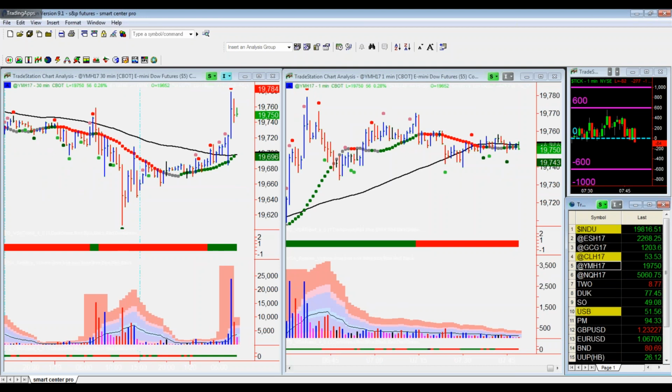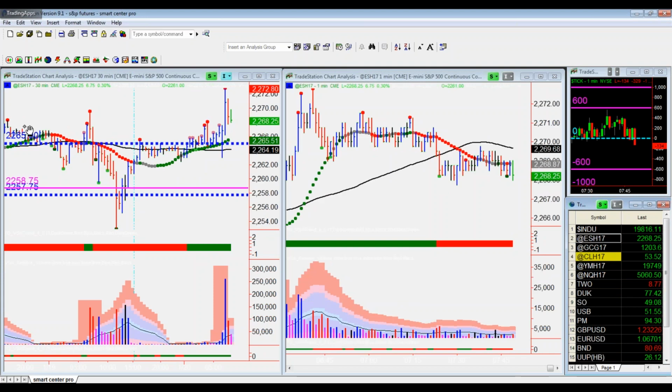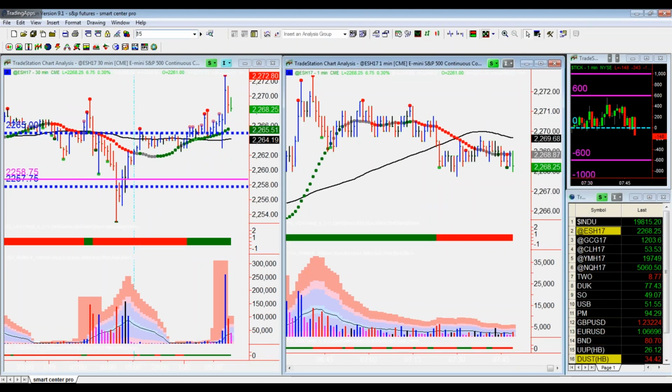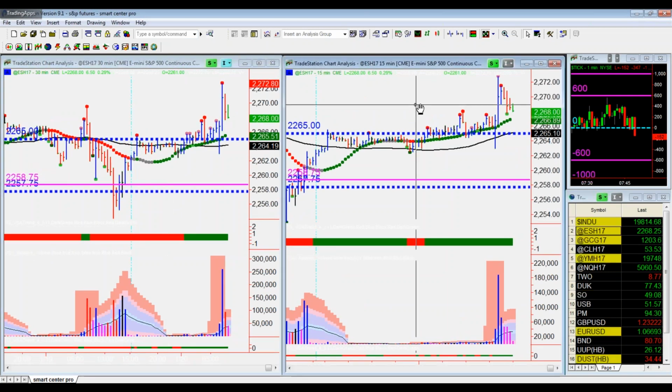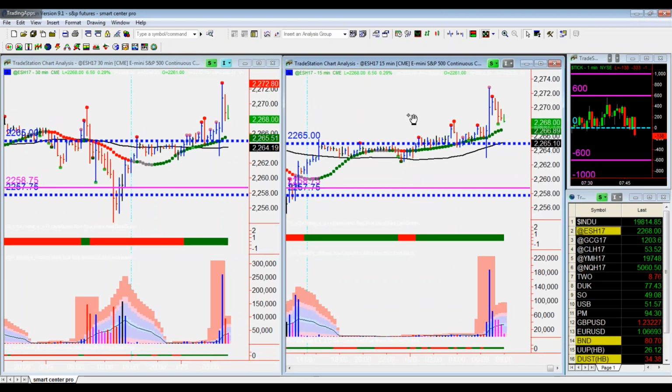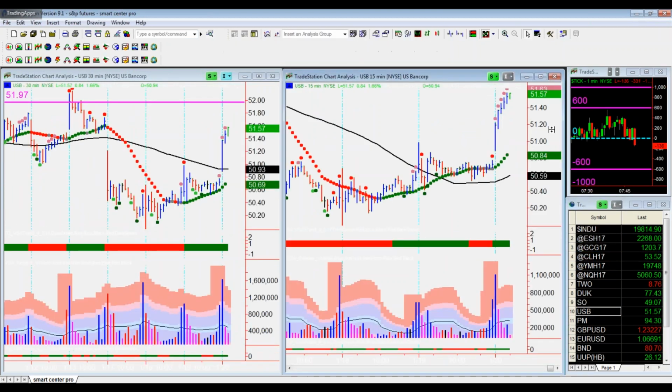Dow's looking pretty decent as well. Nasdaq's kind of weak. See what happens when it gets to 66 here. Still going up, good stuff.